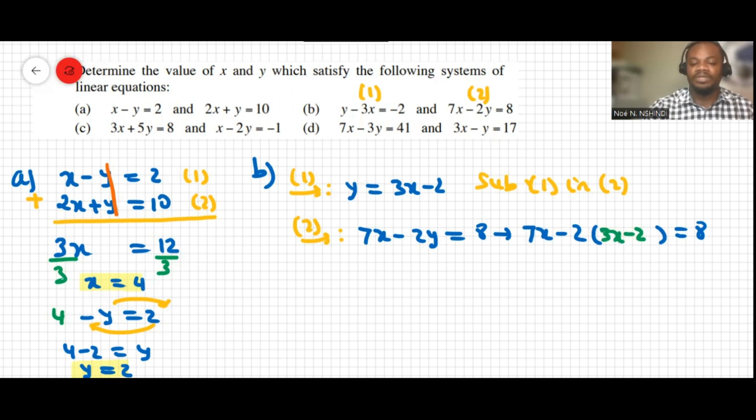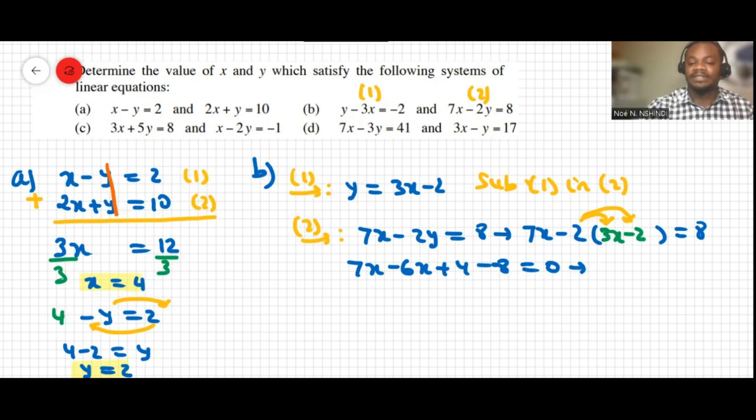Now this will be written as 7x minus 6x, because we multiply this with that, and that with that, minus 6x, and then plus 4, equal to 8. I'll move the 8 over, so it becomes negative 8 equal to 0. Now this will become what?